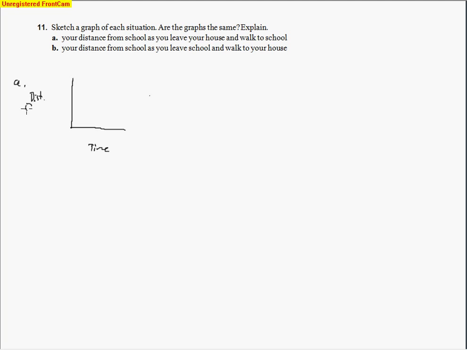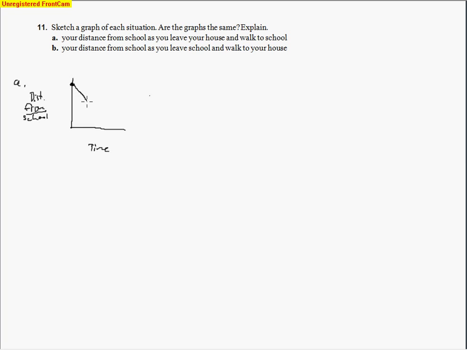Or actually, let's see here, they're asking for your distance from school as you leave your house. Okay, so distance from school, if this is the distance from school, it's going to be up here, not down here, because it's distance from school this time. So we're going to go toward school. And so if we walk at a constant rate, it doesn't say that, but let's say we do, it would do something like this.